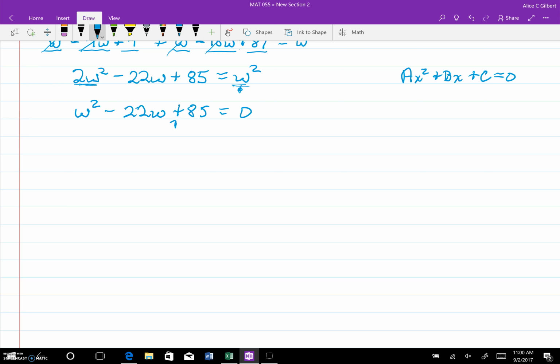And this guy is positive, so maybe it's a perfect square trinomial. Let's just do this over here in case it's not. Can I take an even square root of w squared? Yep. And then over here, can I get an even square root of 85? Nope, can't. So we go on to rule 3, and this would be 3a because that's a 1 coefficient.